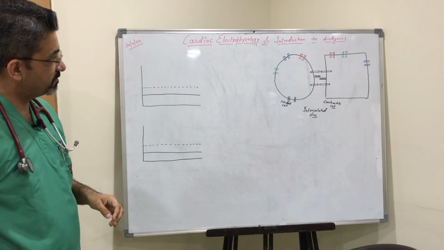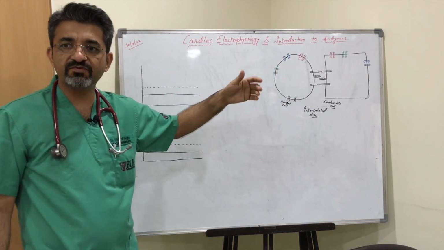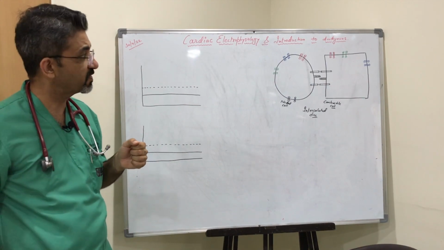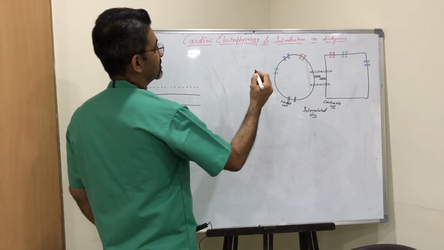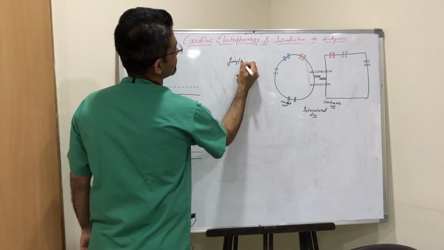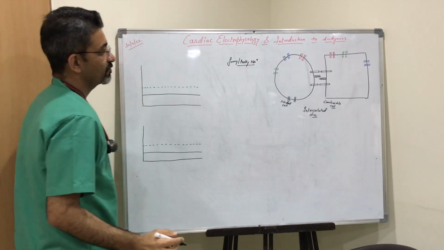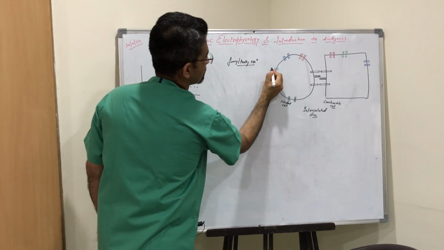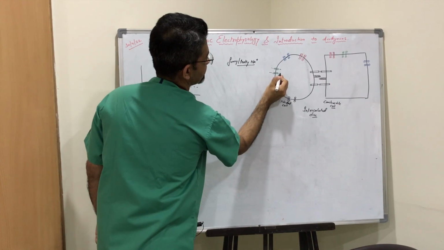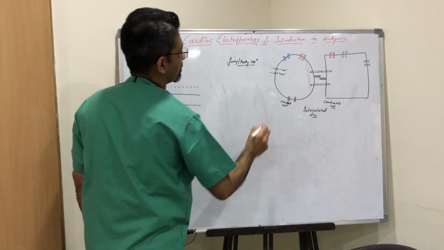Now if we talk of nodal cells, say for example this is an SA node, it starts firing. How does it start firing? How does the initial start of the action potential take place? So there is a funny channel known as the funny or leaky sodium channel. What happens is there is a slow leak of sodium from outside to inside in the SA node.